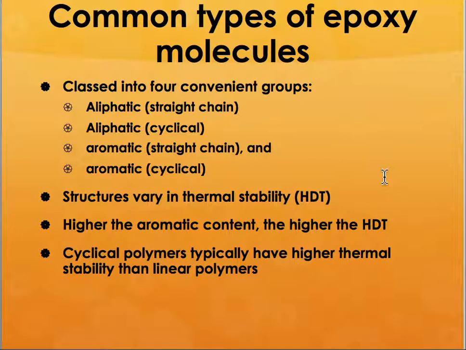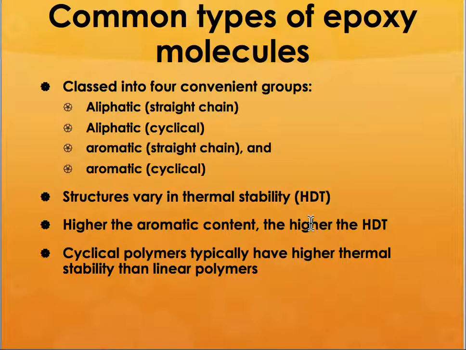So, what are the common types of epoxy molecules? You have just aliphatic chains. You could have an aliphatic cyclical chain, or you could have an aromatic straight chain or an aromatic cyclical chain. These structures vary in thermal stability.